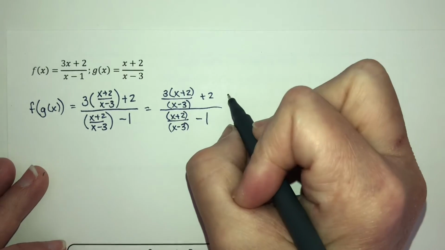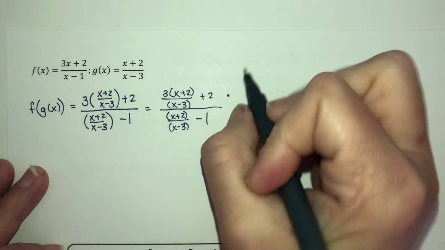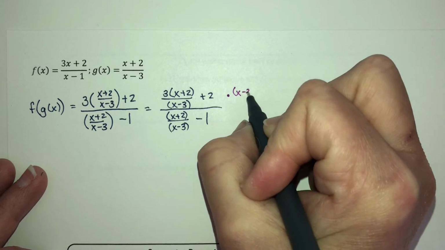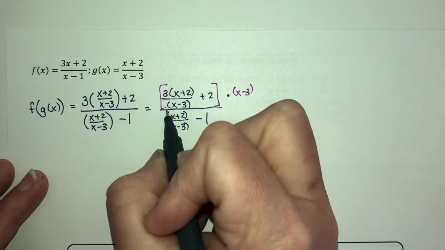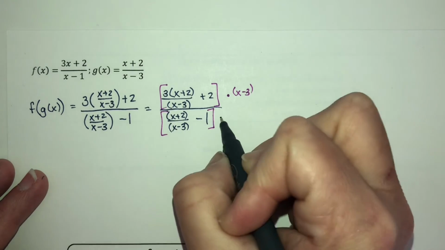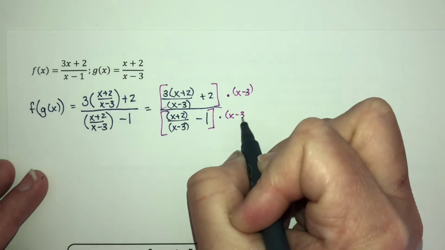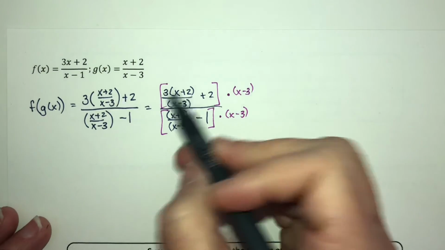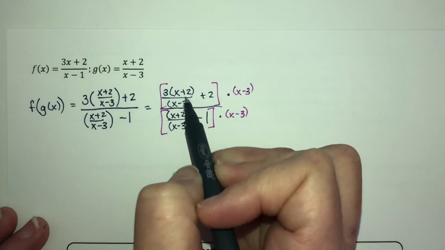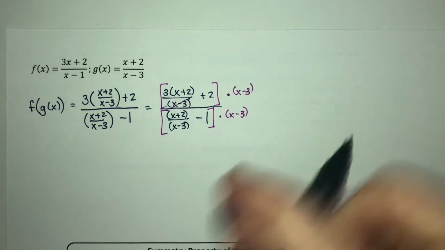Now I'm going to multiply the top of my main fraction by x minus 3. So I'm going to be multiplying all of this by x minus 3, and all of this also by x minus 3. When I distribute, this is going to cancel out that denominator.